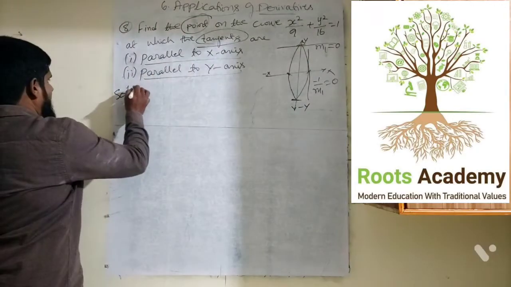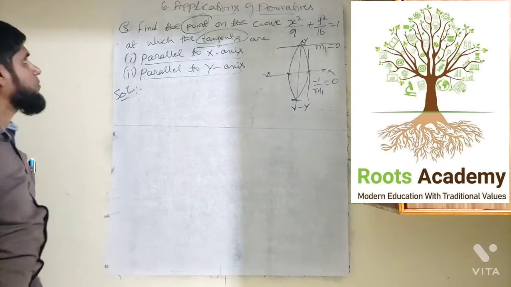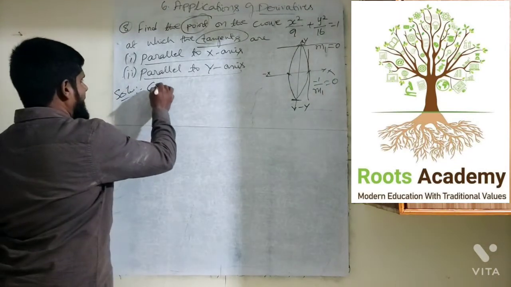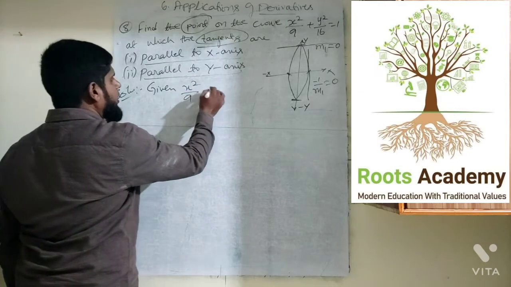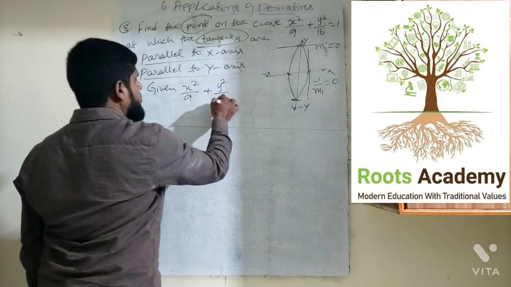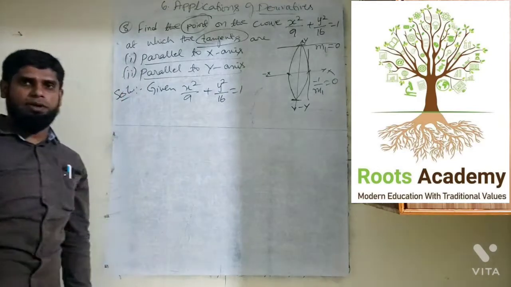First, given x square by 9 plus y square by 16 is equal to 1.